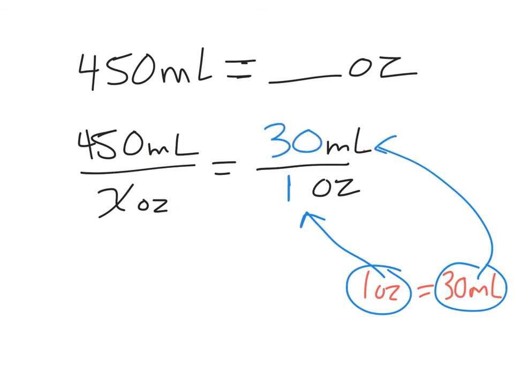So now I've got that set up correctly. I'm going to take 450 times 1, which is 450. 450 then divided by 30 is 15. So 450 milliliters is 15 ounces.